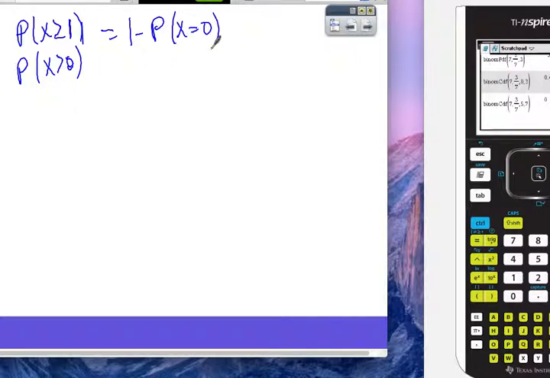Or using binomial CDF, your entry would be 7 trials, probability of success 3/7, everything from 1 up to 7. You can enter that in your calculator yourself.